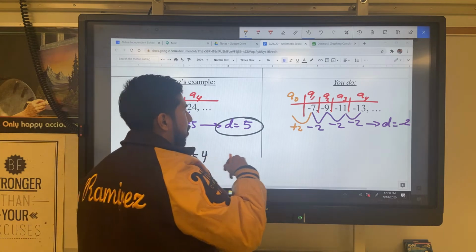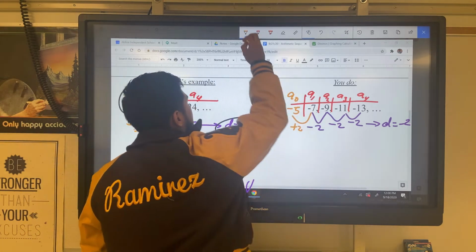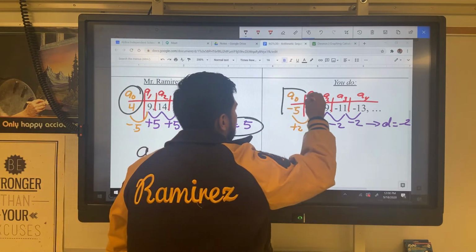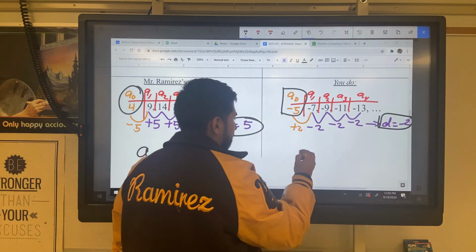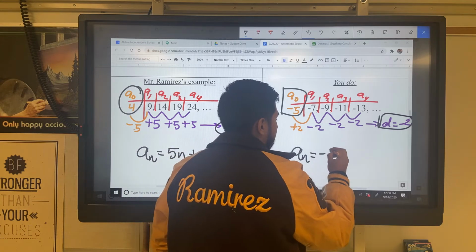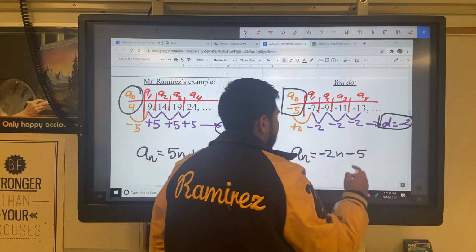Calculator, if you need help, no worries. -7 plus 2 is -5. Now I have the 2 pieces of information that I need, that A0 and that D. So now I know my answer is AN equals -2N and -5.